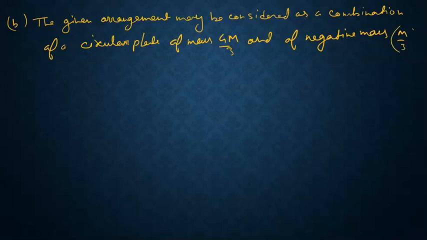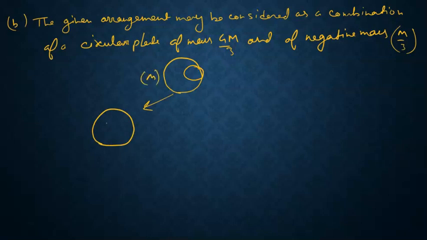So in this case we have split this arrangement into two parts. That is the initial mass of 4m by 3 and the negative mass of m by 3.